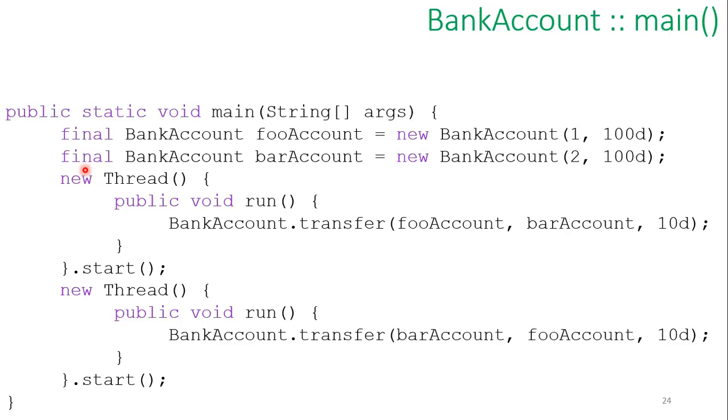So we say that we want to create a new object of the class Thread. That's what it looks like here, except that we open a curly brace. So that means that we are going to define here on the fly an anonymous class that inherits from Thread, implements the interface Runnable more accurately, okay?